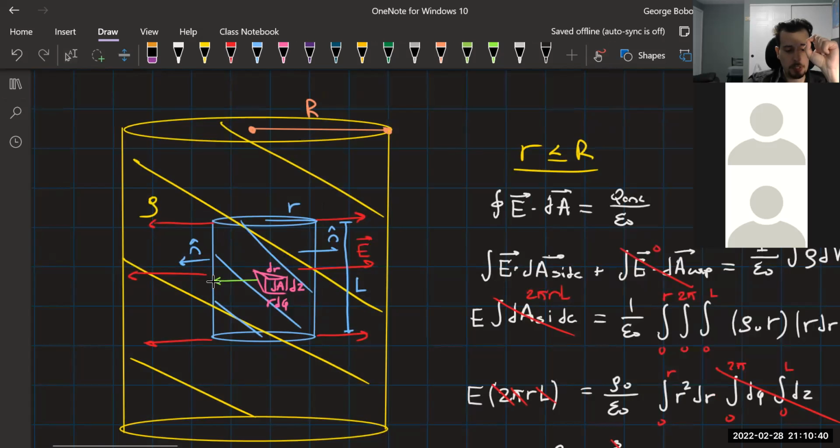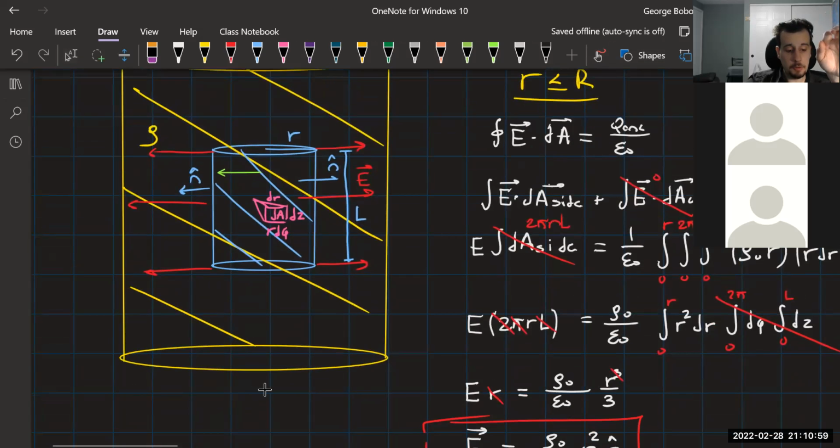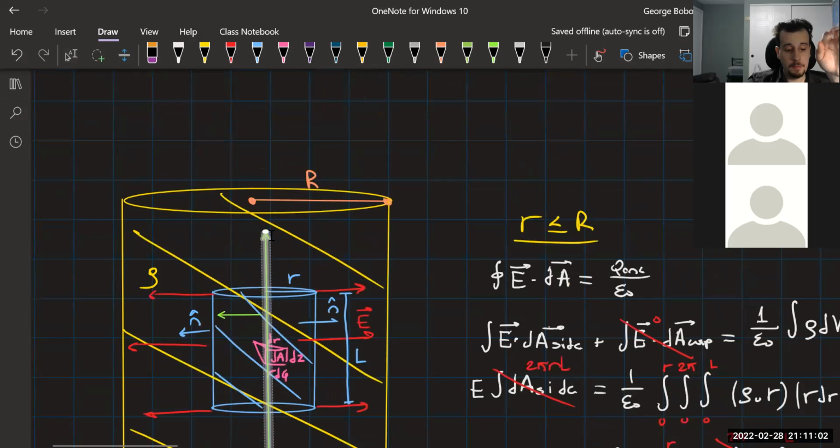Everybody that's sitting here has the same charge density right now, because that side that I'm pointing at with that arrow is sitting at the same distance from the z-axis, okay?